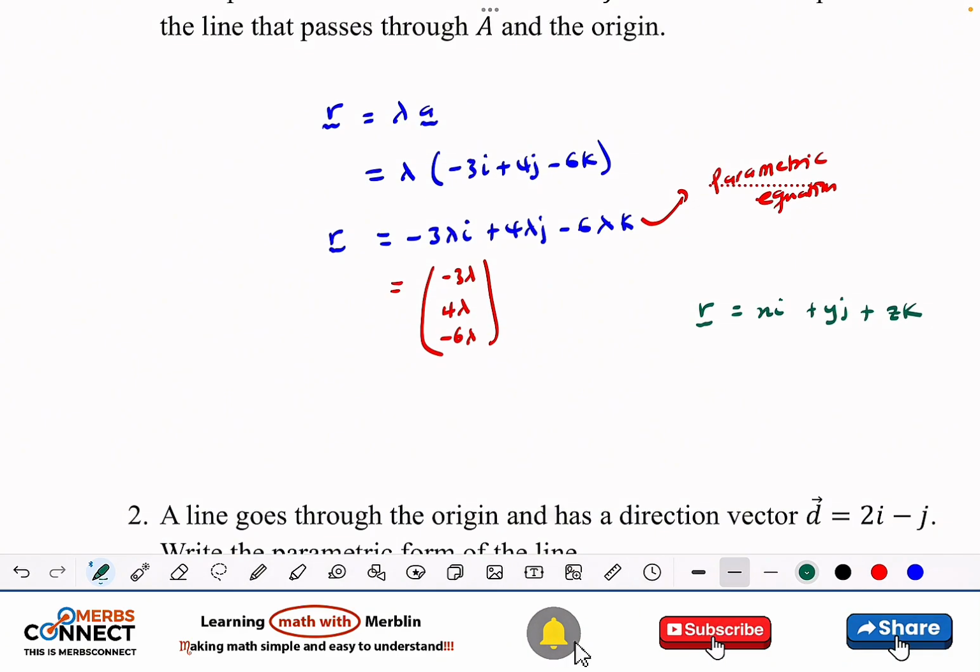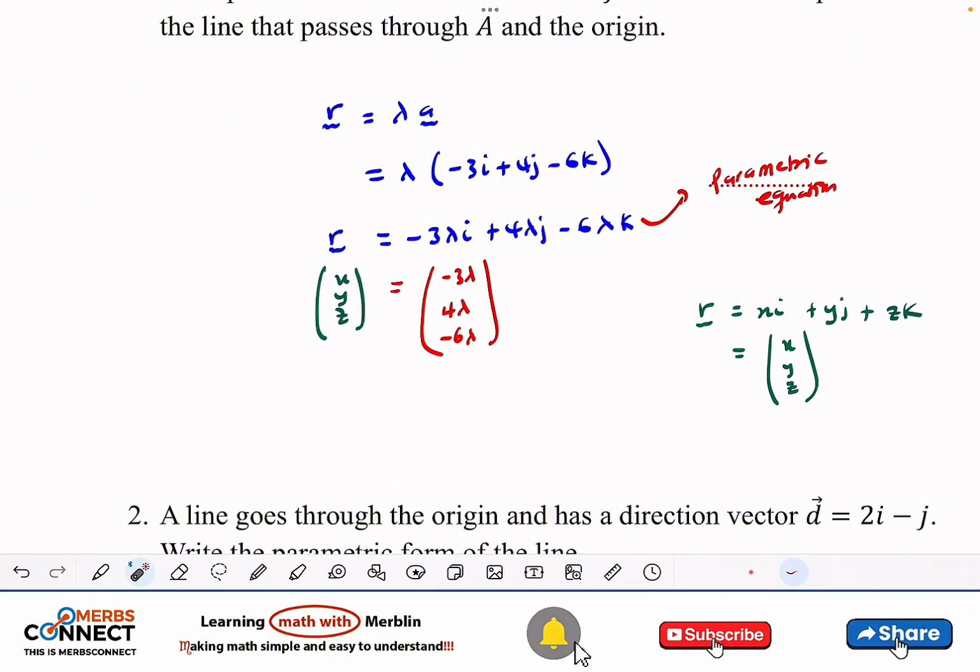Then I can write it as x, y, z. This implies that the first component is equal to the first component here, the second is equal to the second, and the third is equal to the third. That is how we are working with it. Let me say this is the vector form, or the vector equation. Now we are going to use this comparison to write it in the symmetric form.